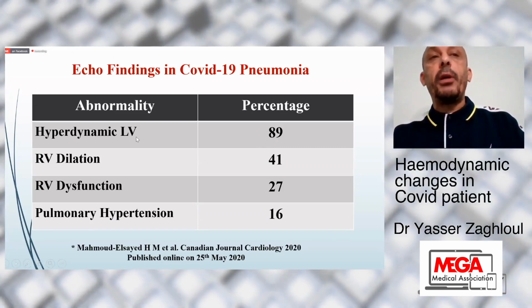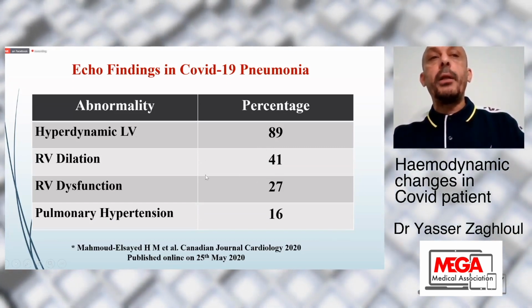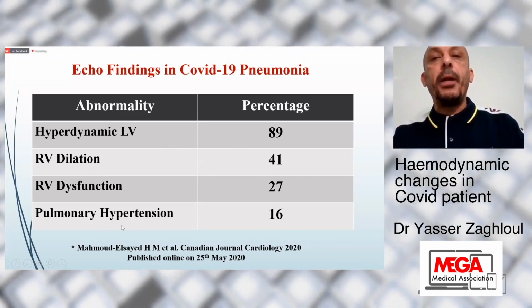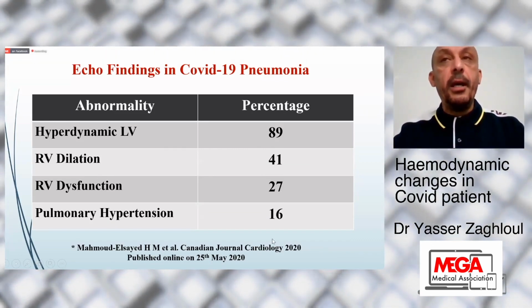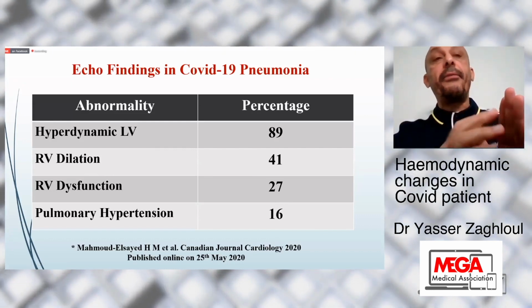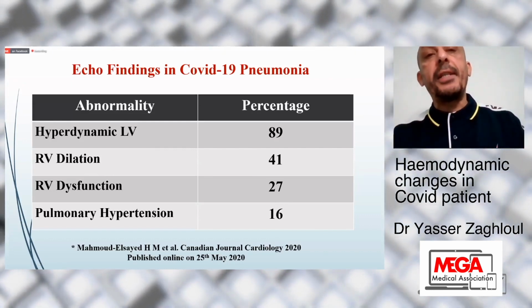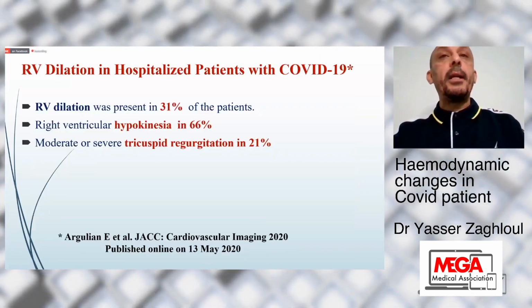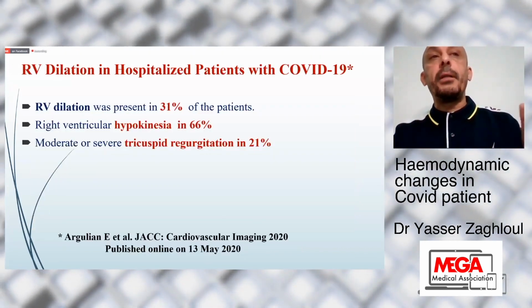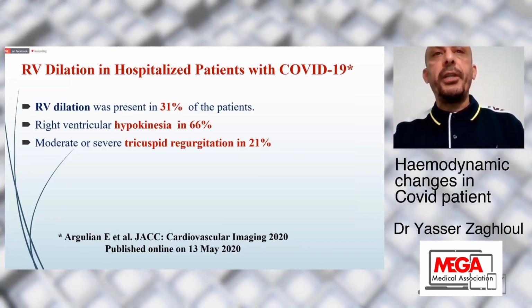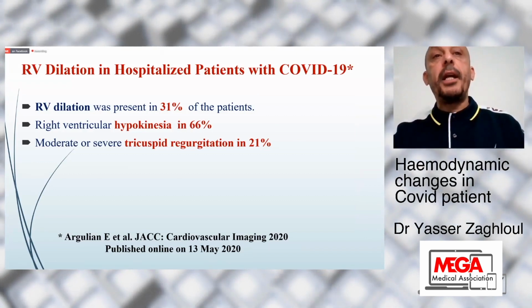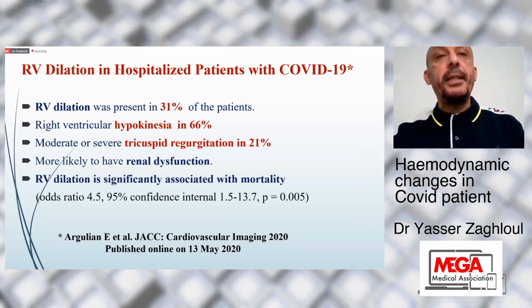89% have left ventricular hyperdynamic function, 41% right ventricular dilatation, dysfunction in 27%, and pulmonary hypertension in 16%. You can see the right ventricle is suffering more than the left ventricle in our patients. Again, in another study, they found right ventricular dilatation in 31%, hypokinesia in 60%, and tricuspid regurgitation in 21%.